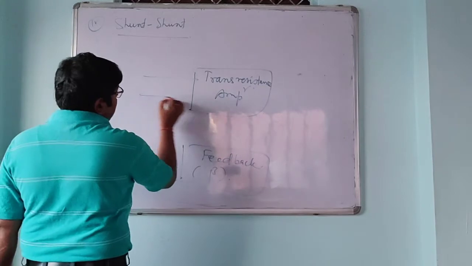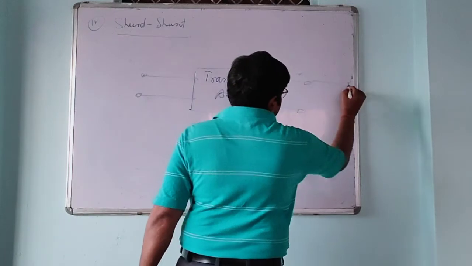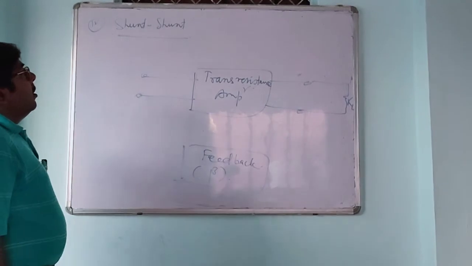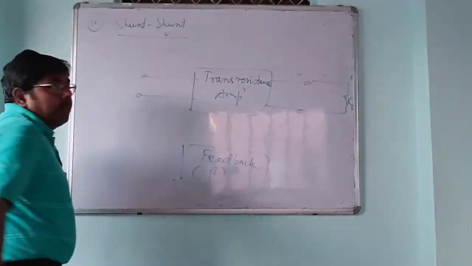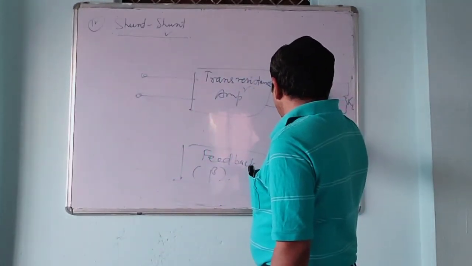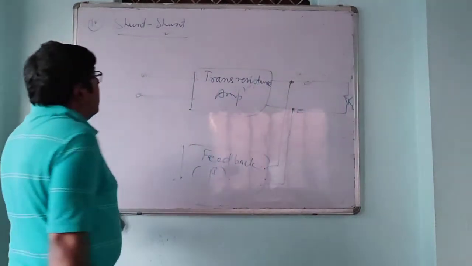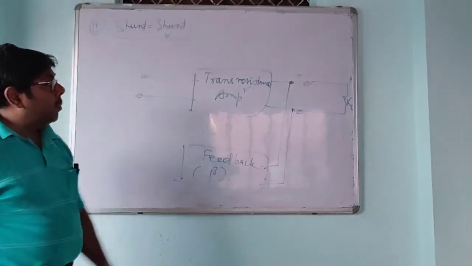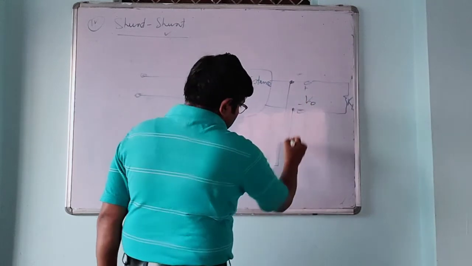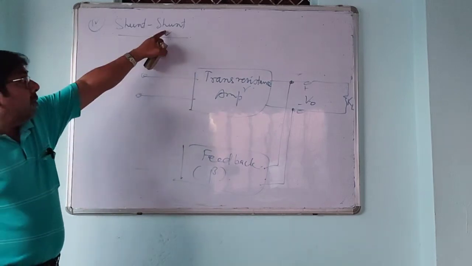Two ports are there, input and output. And at the output we have a load RL. Sampling in shunt. Output connection. The same voltage V0 is at the output. We connect in parallel, we will get the same voltage.